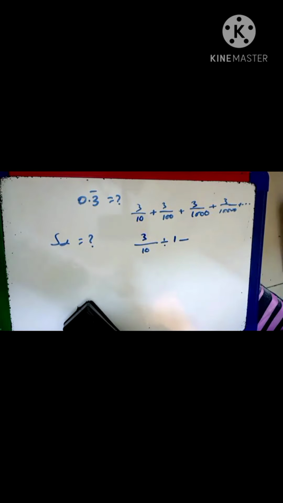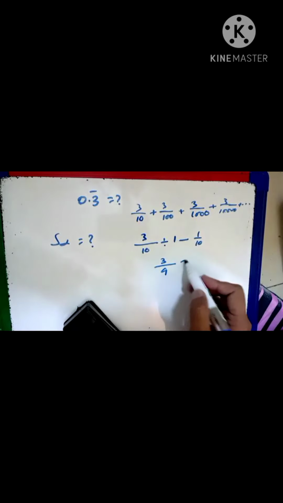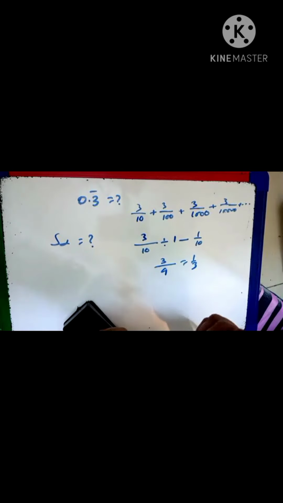What is the r in this case? 1 over 10, yes, the same. So this will be 3 over 9, which is 1 over 3. Very good, so done. Now this was the only remaining topic, the infinite geometric sequence. It's also done.